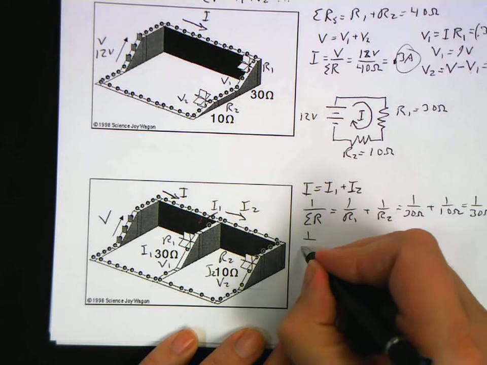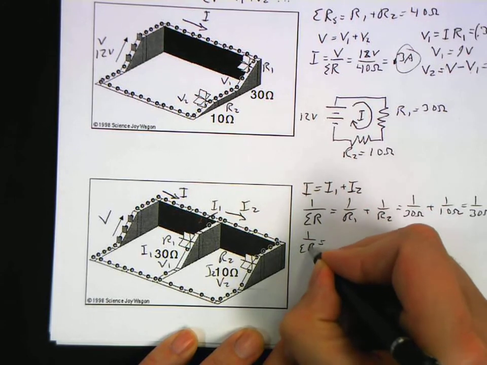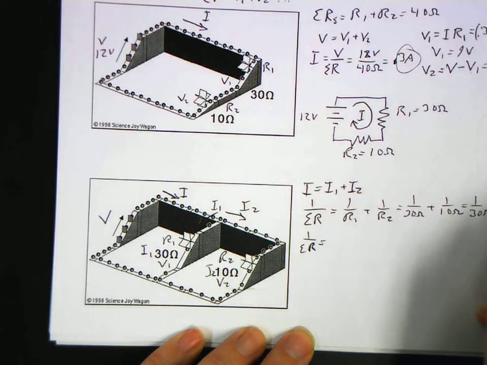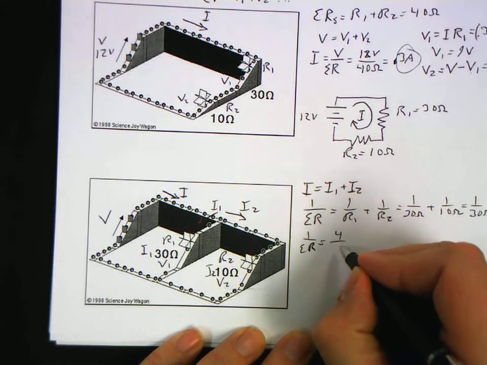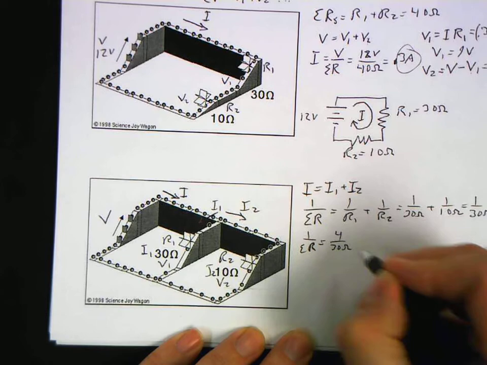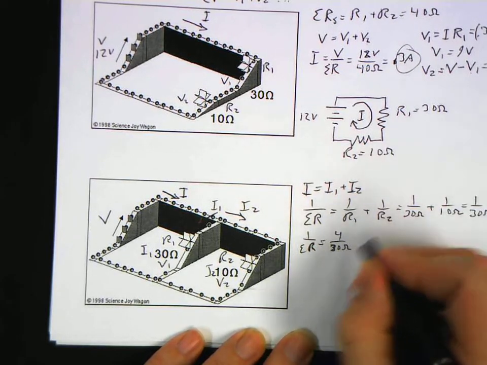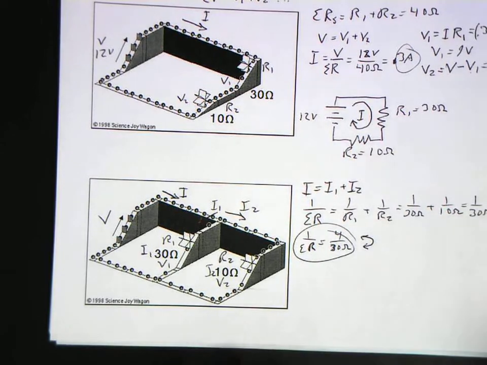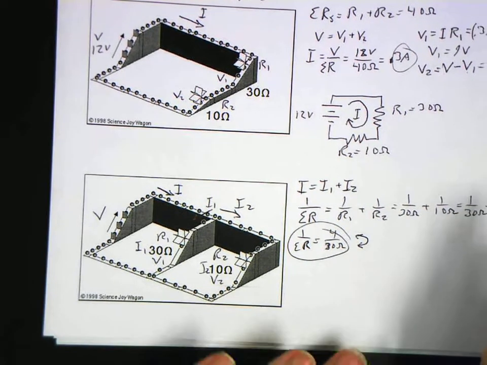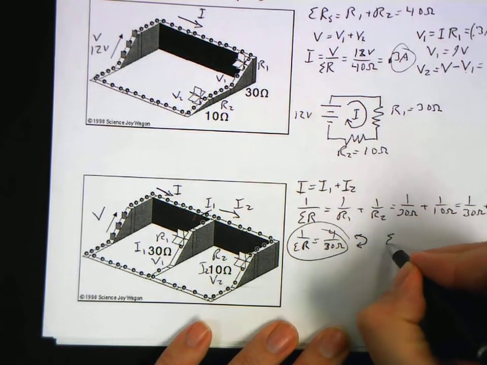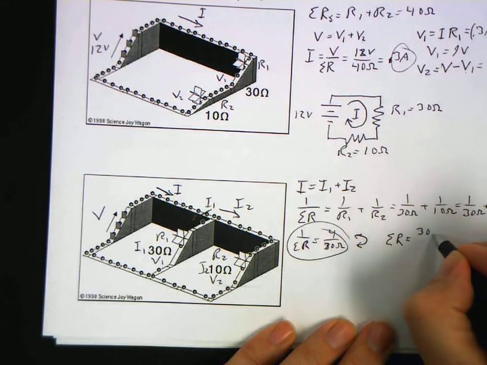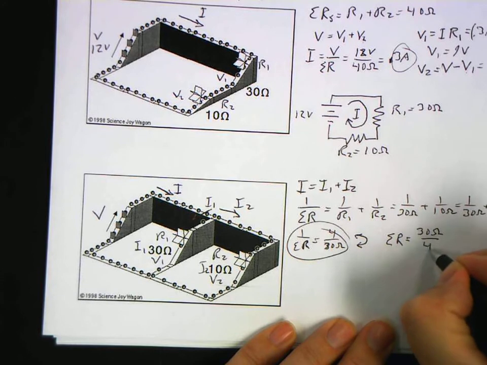So 1 over the sum of my resistances is equal to 4 over 30 ohms. Now once you get it to this state, flip the whole thing over, unless you get something that's really easy. So that means that the sum of my resistances is equal to 30 ohms divided by 4.